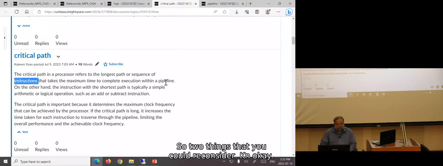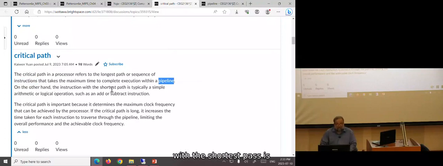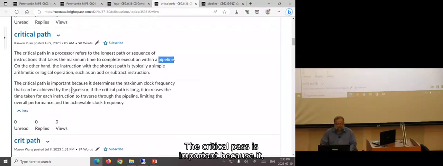So two things that you could reconsider, Kevin, okay? On the other hand, the instruction with the shortest path is typically a simple arithmetic instruction such as add or subtract. The critical path is important because it determines. So I didn't agree completely with the longest path and the shortest path.